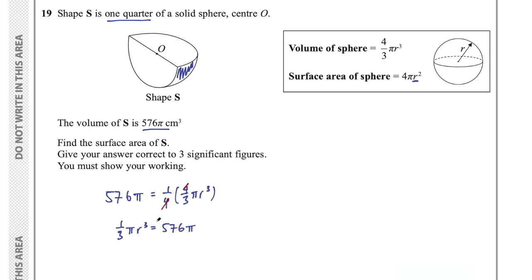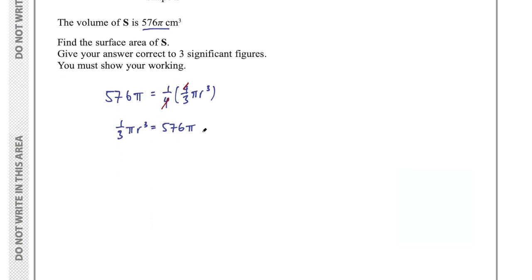Then we're trying to solve for r, so we're trying to get rid of everything but r and some number. We could also cancel the pi's if we divide by pi, and then multiply by 3. So 576 multiplied by 3.